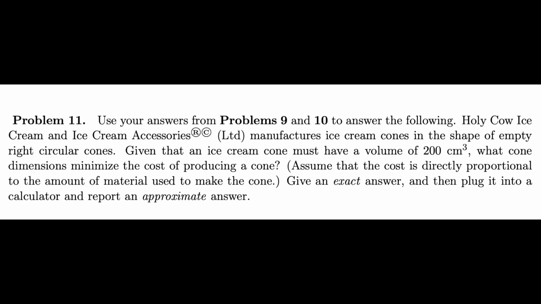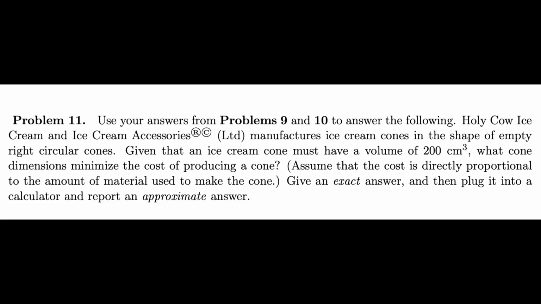Problem 11. Use your answers from problems 9 and 10 to answer the following. Holy cow! Ice cream and ice cream accessories, rights reserved, copyright limited, manufactures ice cream cones in the shape of empty right circular cones.